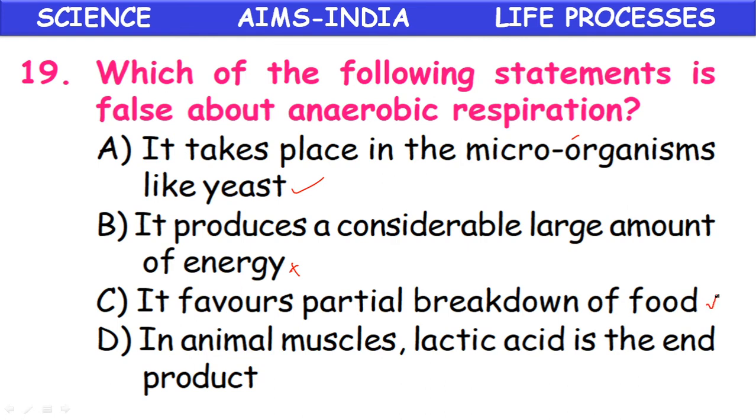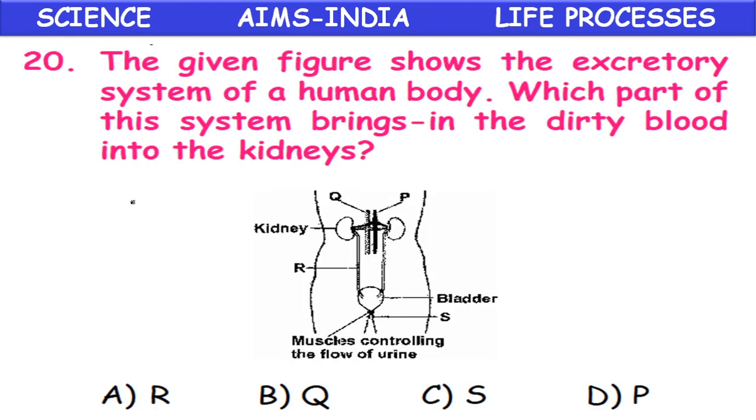Yes, partial oxidation takes place, partial breakdown takes place, and in animal muscles lactic acid is formed. It is also anaerobic respiration. So, the wrong statement here is statement B. It produces a considerable large amount of energy. Only more energy is produced during aerobic respiration.